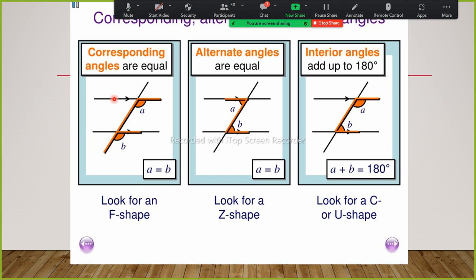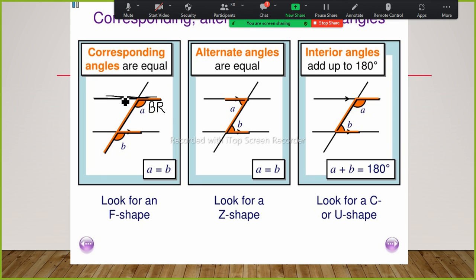So if we have one parallel line, another parallel line right here, this angle A right here is at the bottom right with respect to this parallel line.